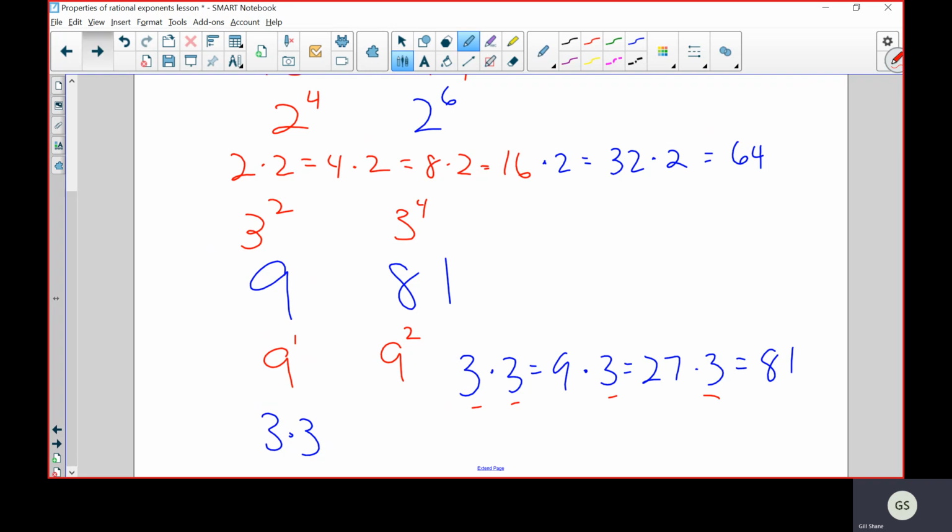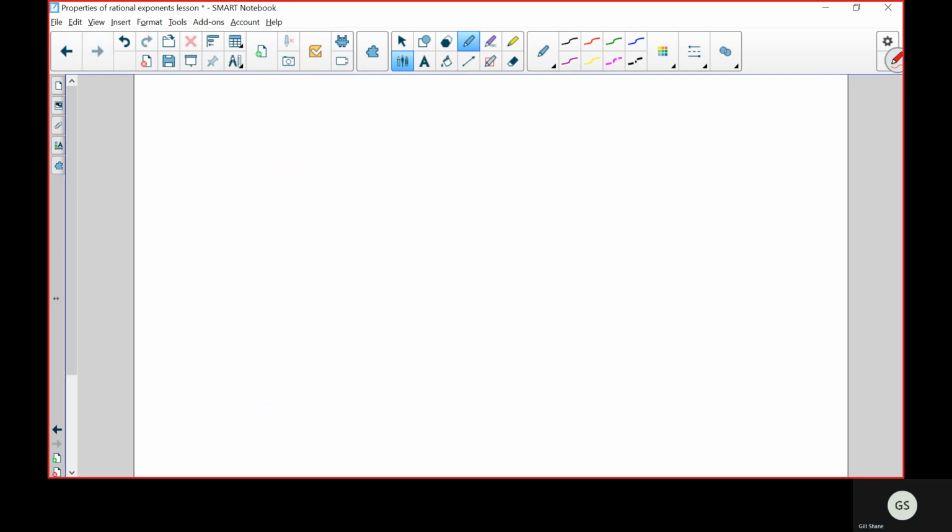Then it gets a little trickier after that. So I give you, oh, what is it I give you after that? Oh, I give you a problem like this then. I want you to use exponent rules to change this problem into a final answer that has a base and an exponent.